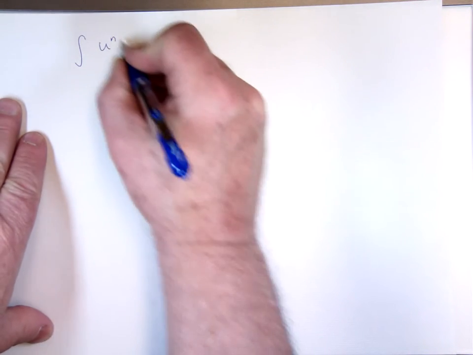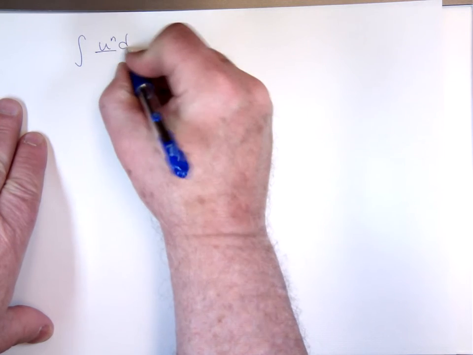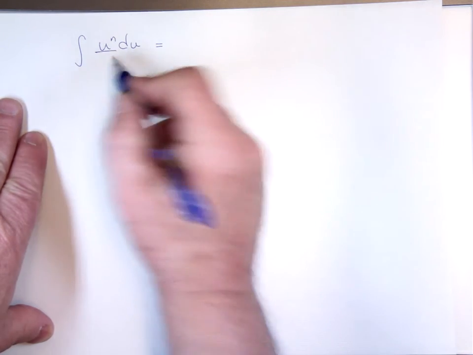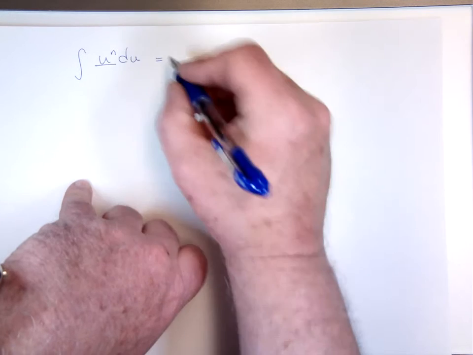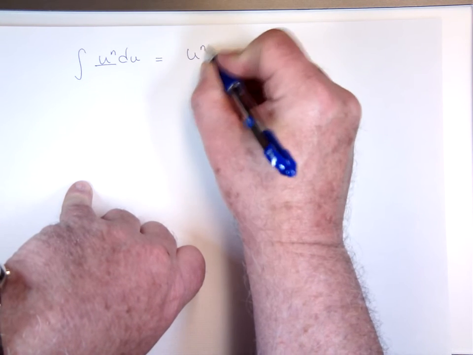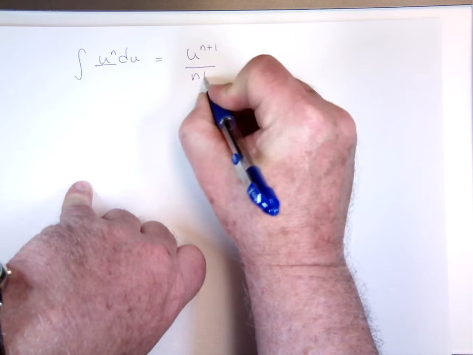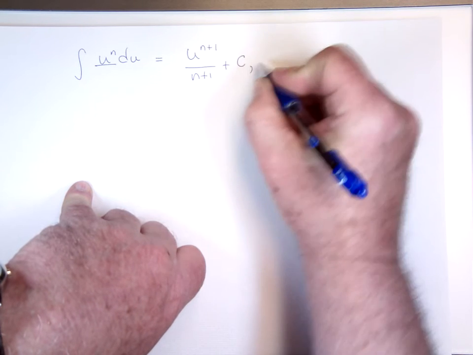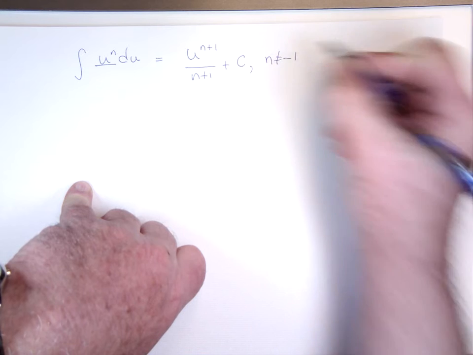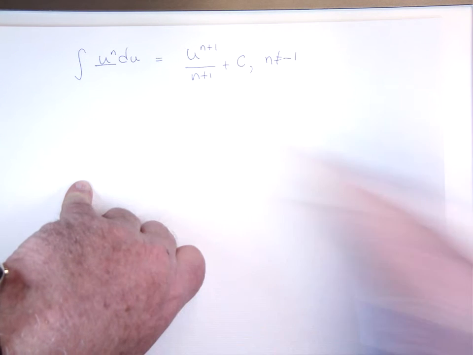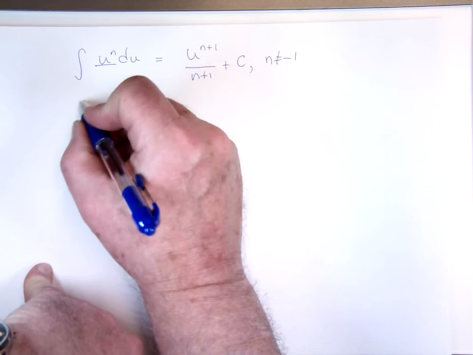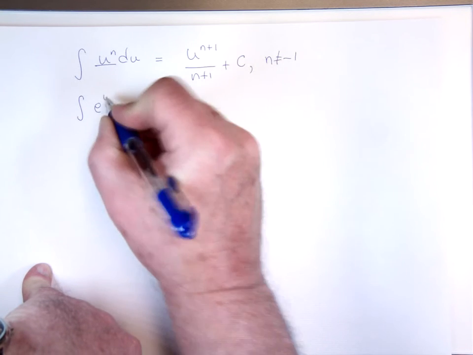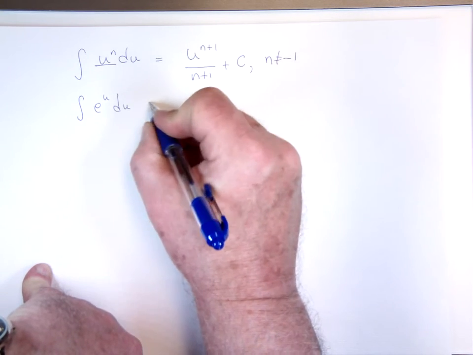The integral of u to the n du is equal to u to the n plus 1 over n plus 1 plus c, where n is not negative 1, and where u is some function of x. We have this integral: e to the u du is equal to e to the u plus c.